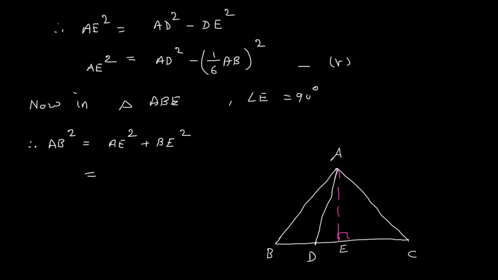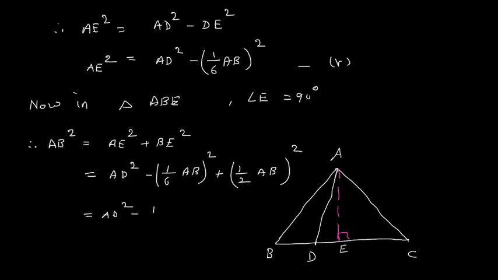The value of AE square from 5 is AD square minus 1 upon 6 AB the whole square, plus the value of BE, which is 1 upon 2 times AB the whole square. So this will give me AD square minus 1 upon 36 AB square plus 1 upon 4 AB square. This is the value of AB square.